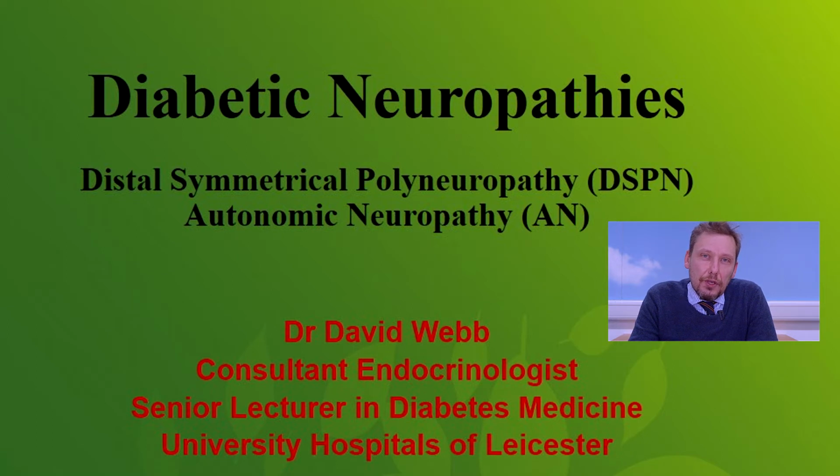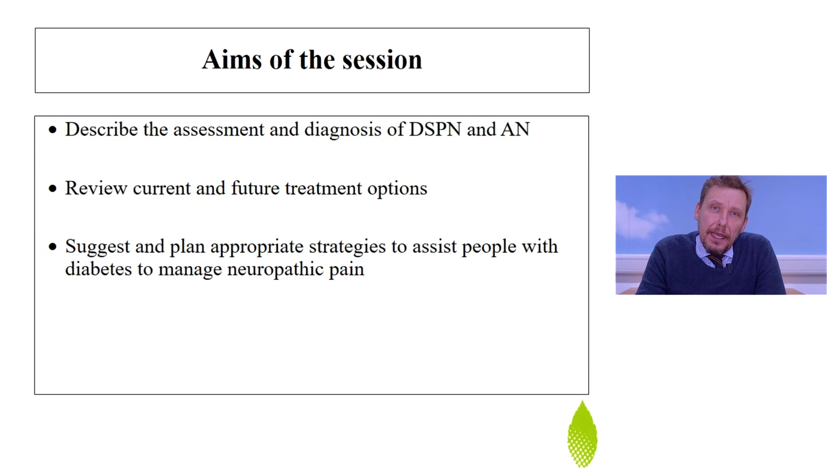I'm going to talk to you today about the very important microvascular complication of neuropathy. Neuropathy can be defined as any structural or functional damage to peripheral nerves as a result of elevated blood glucose concentration in a patient with diabetes or impaired glucose regulation.